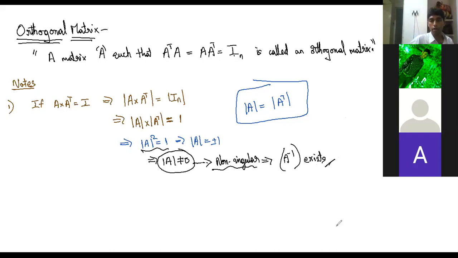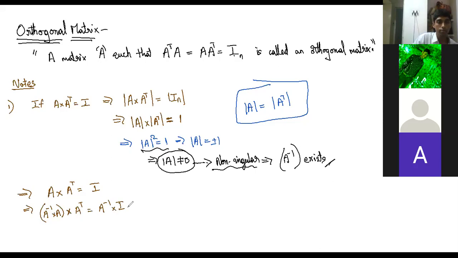So from here, what can you tell? Why is that so important here? Because if A inverse exists, then I am going to multiply A inverse on both sides. So A inverse into A into A transpose is equal to A inverse into I.